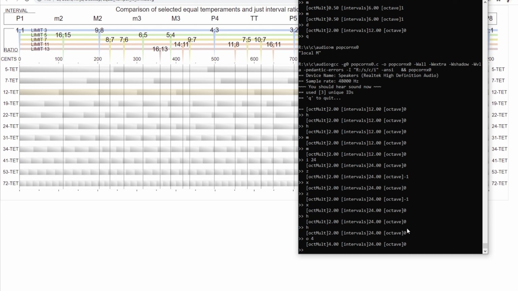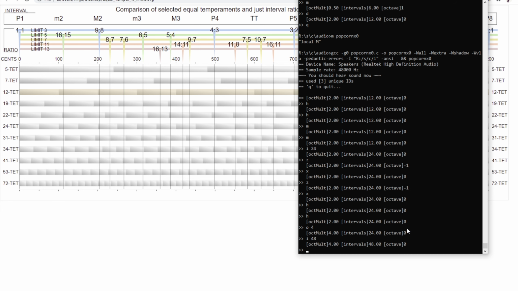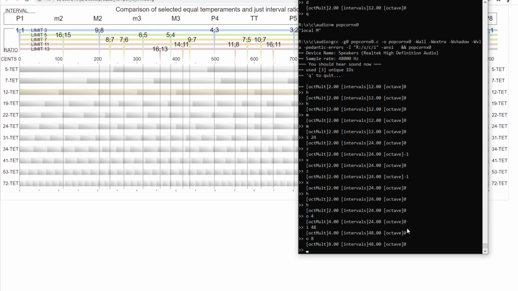We can even go farther, I think, with 48 intervals and 8 times the octave. You have very low lows and very high highs.